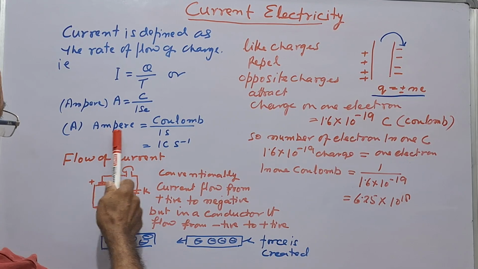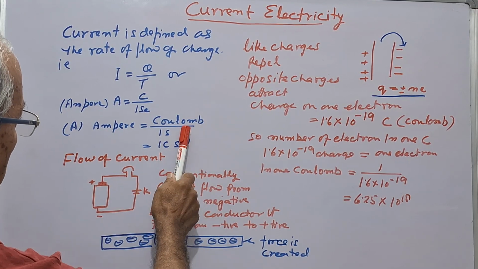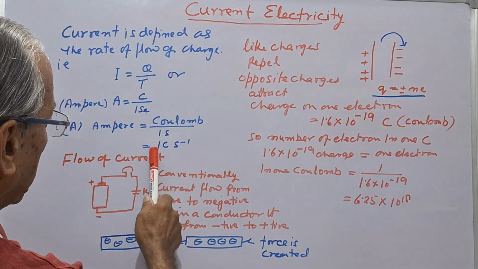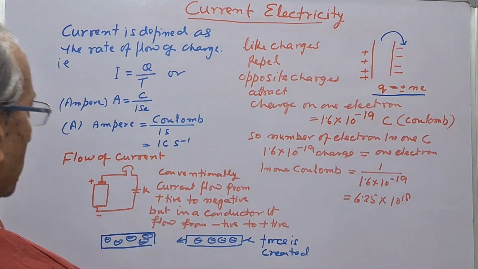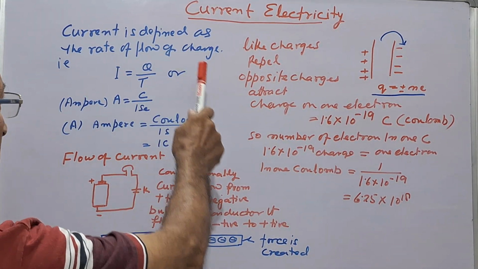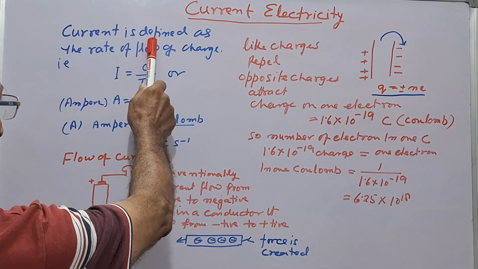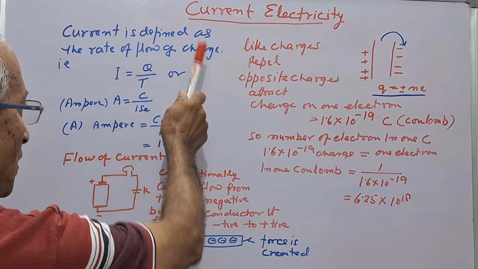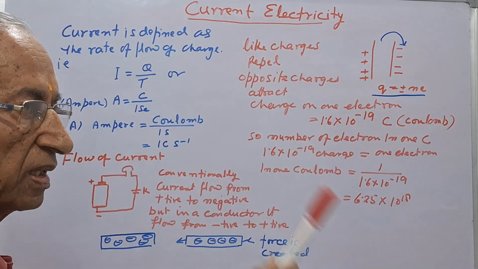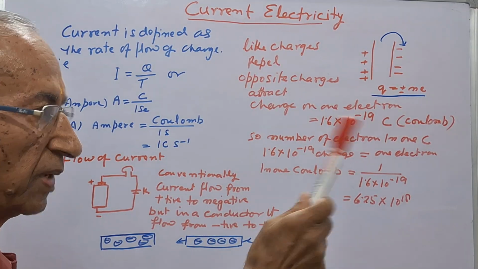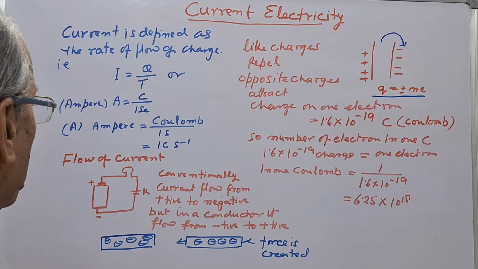So A is equal to coulomb per second, which can be written in the form 1 coulomb s to the power minus 1. Again listen, current is defined as the rate of flow of charge, means how much charge flows from a single point of a cross section per unit time, in 1 second.